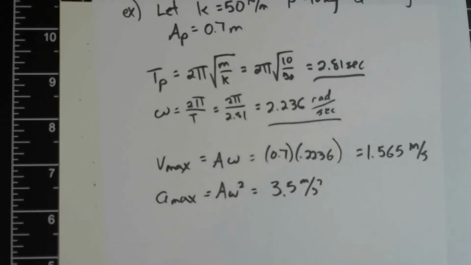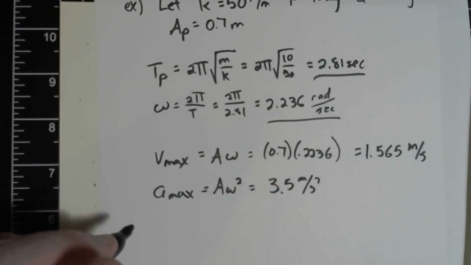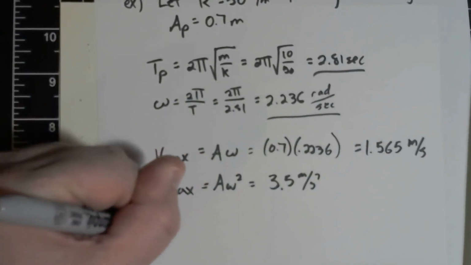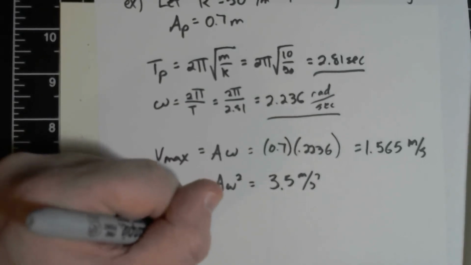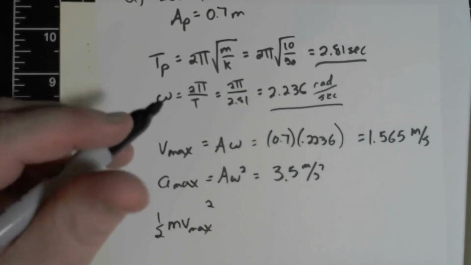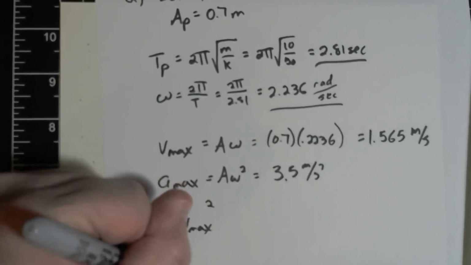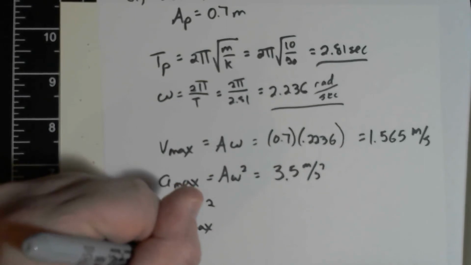Well, if I go in and do these calculations now for conservation of energy or conservation of momentum, I could say that 1/2 m v max squared would be, with this additional mass, 1/2 times the total mass, which is now 30 kilograms.